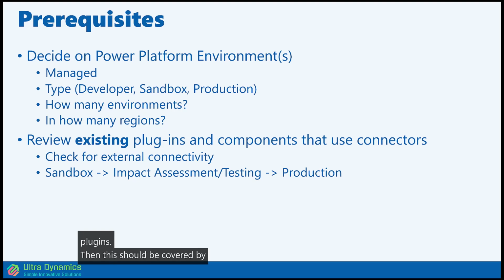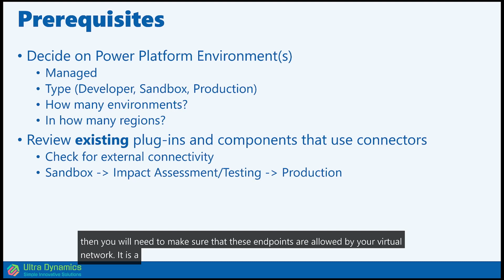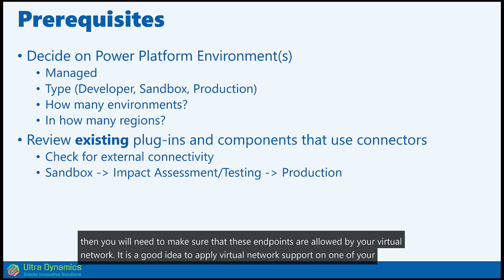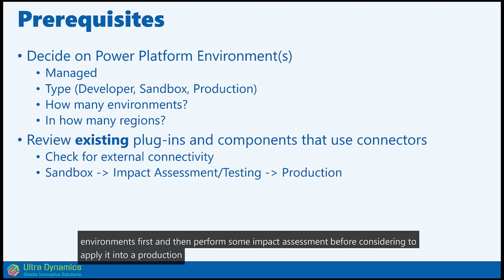But if these connect to external endpoints, then you will need to make sure that these endpoints are allowed by your virtual network. It is a good idea to apply virtual network support on one of your sandbox environments first, and then perform some impact assessment before considering applying it to a production environment. Remember, you can always roll back virtual network support if things don't go as expected.